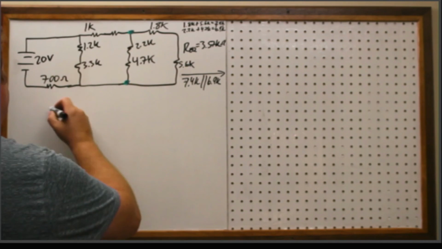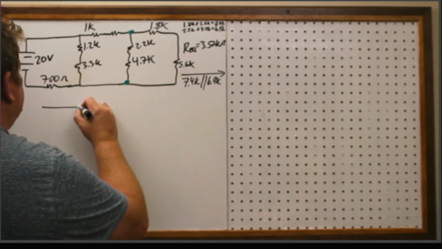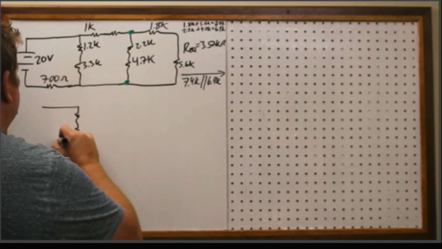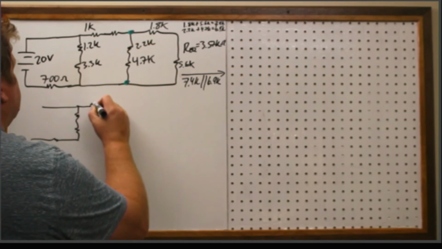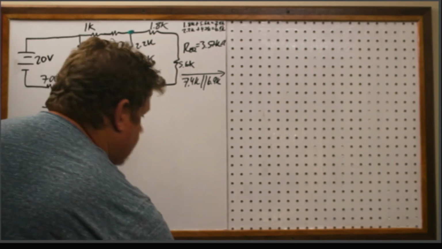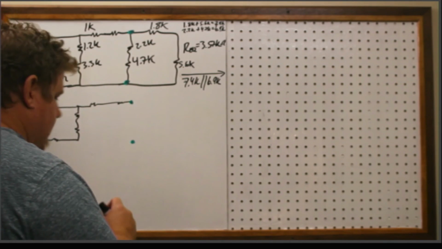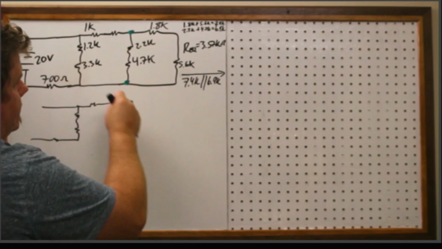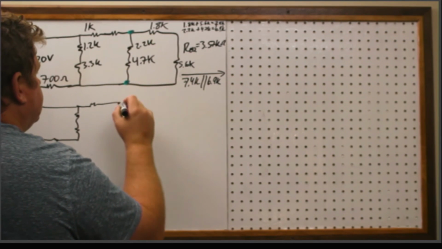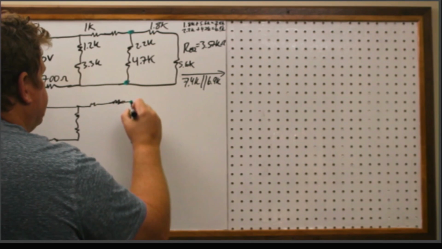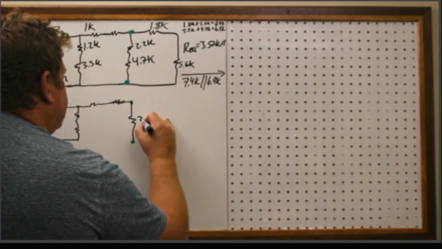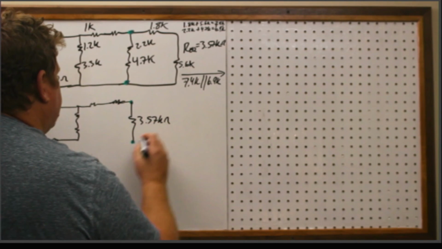All right, now I'm going to go ahead and redraw the circuit. And again, this is where my green goes. Just pointing out that we're reducing those two all the way down to this one single resistor of 3.57 kiloohms.